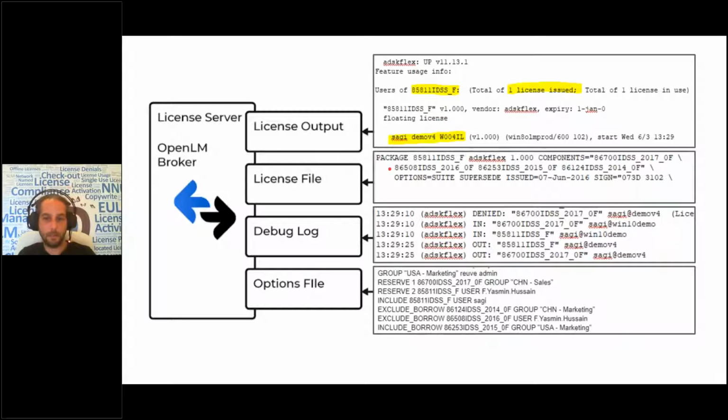So Autodesk said, okay, I don't want you to buy all the licenses again each year, so I'm just going to give you a bundle, and each year I'm going to add a component to that bundle. So now it will be 2020. So you can see the 2016, 15, 14, 17 are components of that package, and that's taken in to OpenLM. The license file is being read.